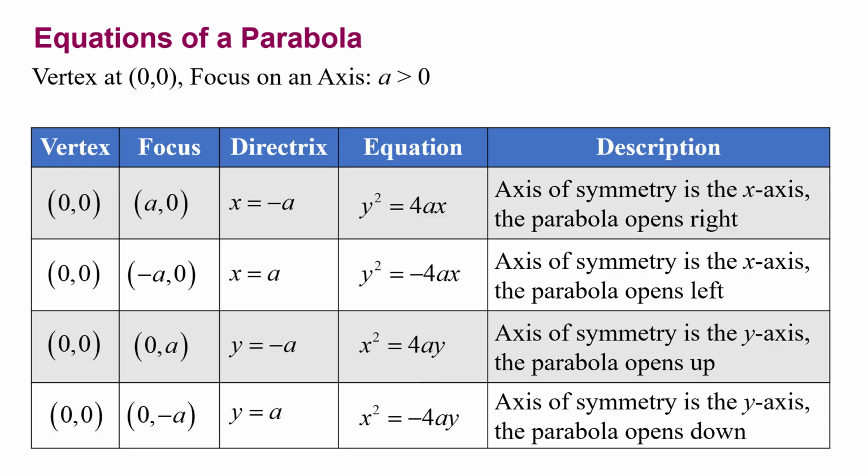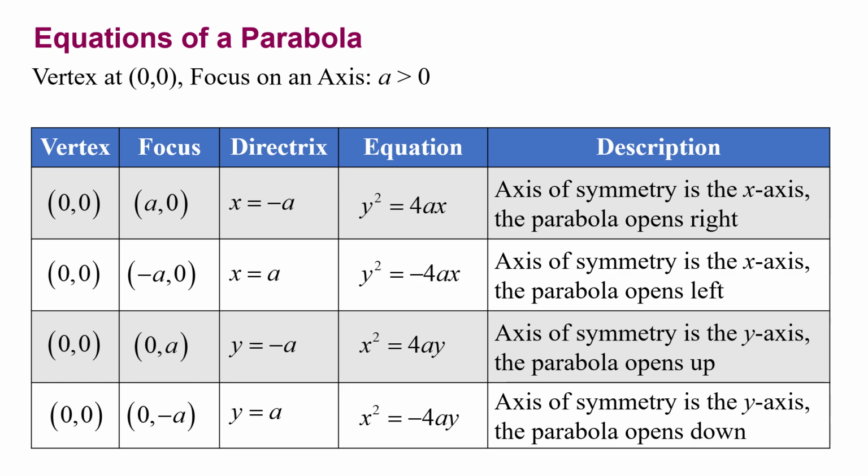The second equation would be y squared equals negative 4ax. This would have a focus on the negative x-axis at the point (negative a, 0), and directrix being the vertical line x equals a. Now this parabola also has an axis of symmetry that is the x-axis, but the parabola opens to the left.